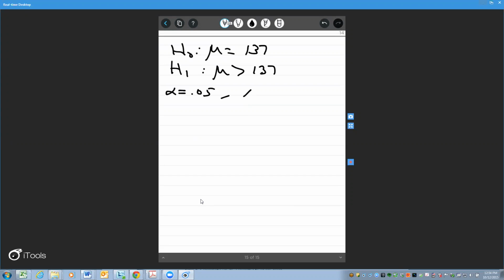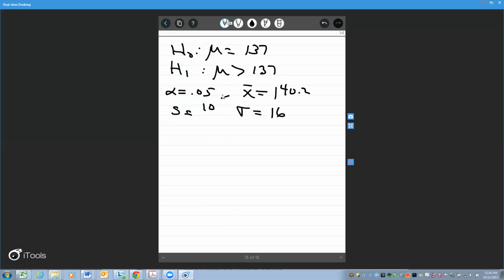Suppose we've taken a random sample with a sample average of 140.2, a sample standard deviation of 10, and n equal to 16. I want to know if I will reject the null hypothesis or fail to reject it.